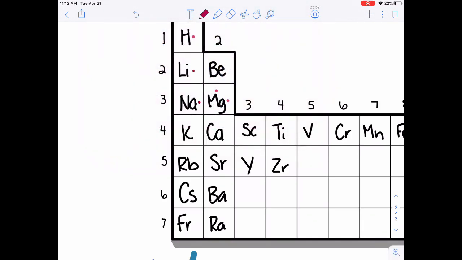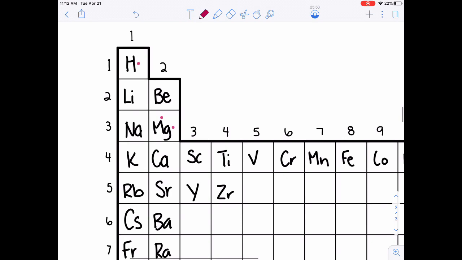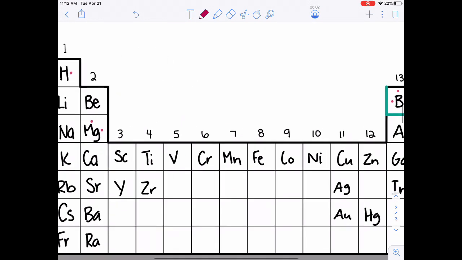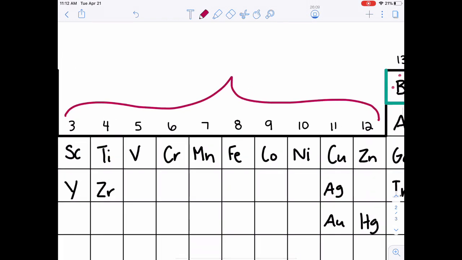So the first column all is going to have 1 electron. The second column is going to have 2 electrons. The third through the 12th columns, they are the transition elements, and guess what? They have 2. There are exceptions in here, but for right now, we're going to ignore that they exist.